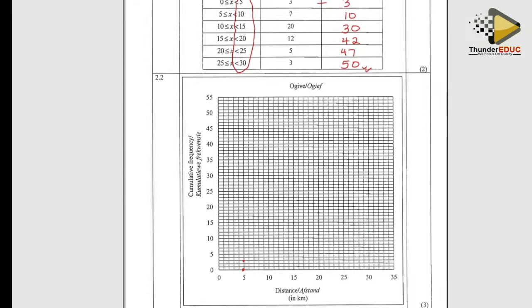And then the next one will be at a 10. 10 will go with a 10, which is somewhere there. And then 15 will go with 30, which is that point. 20 goes with a 42.